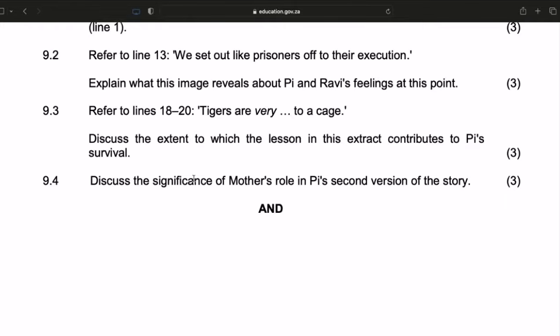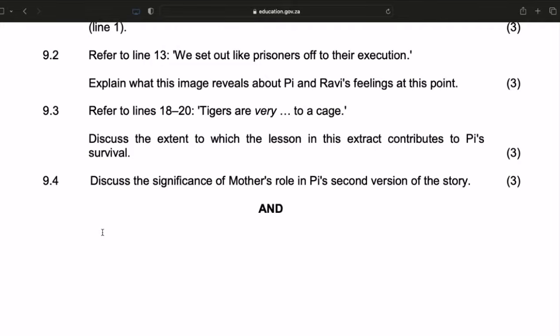So discuss the extent to which the lesson, and remember the lesson is about an animal is not your friend. Do not anthropomorphize them. Be aware of their dangers. That's the lesson in essence. But how did this contribute to Pi's survival? And I mean, for 3 marks, you can account that the lesson allowed Pi to focus on the dangers.